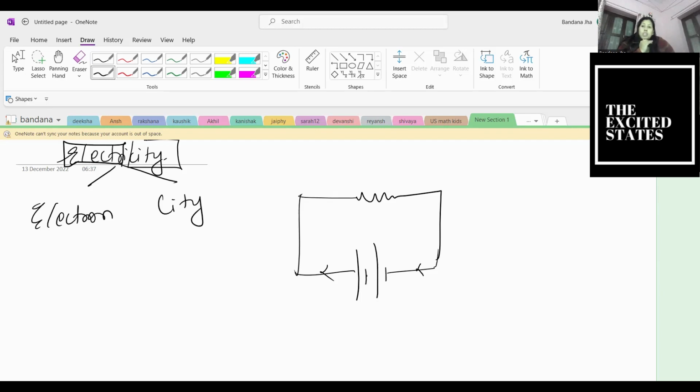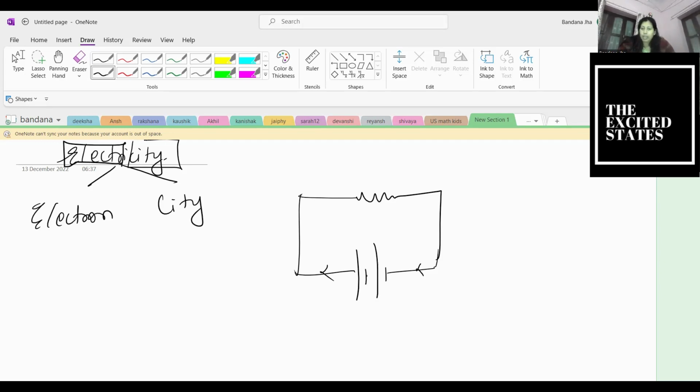Correct, because the proton was discovered first. And after so many years, the electron was discovered. So at that time the scientists were thinking that the current is flowing because of the flow of protons.